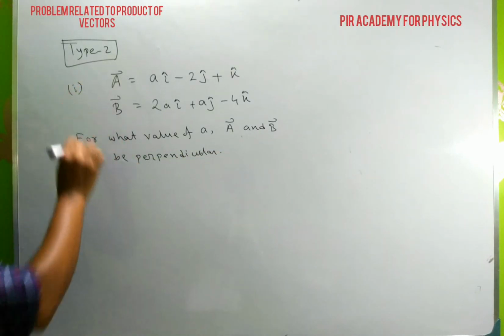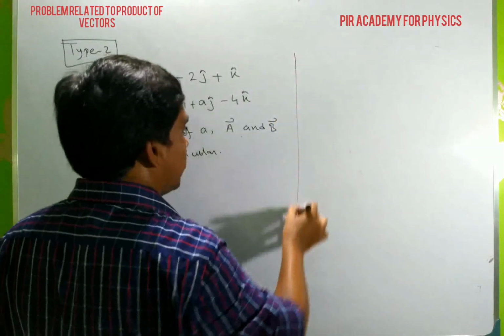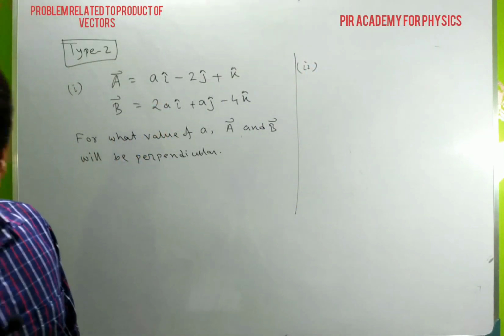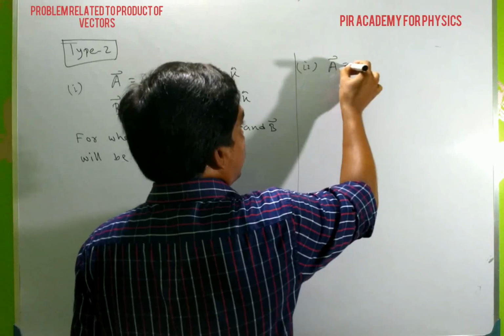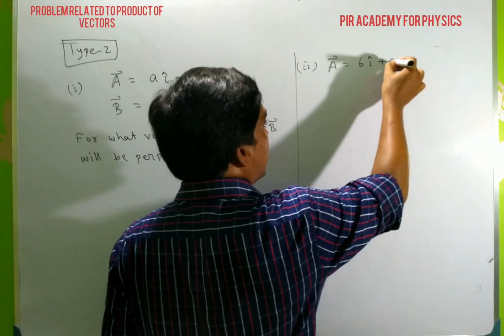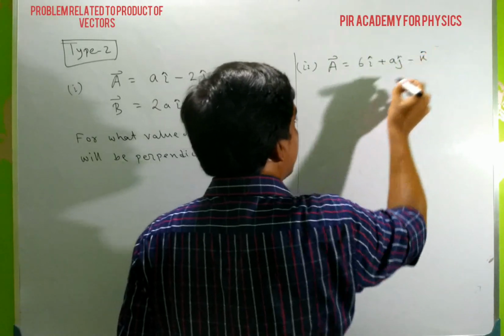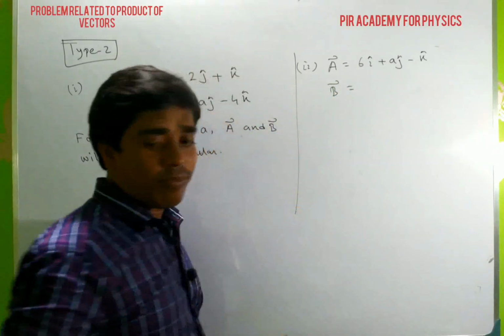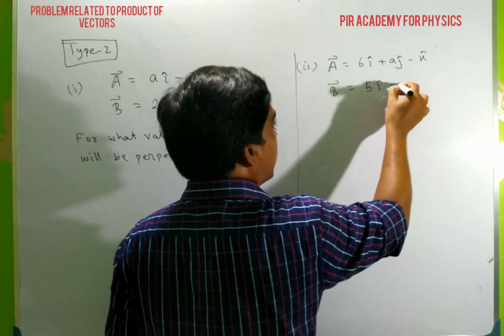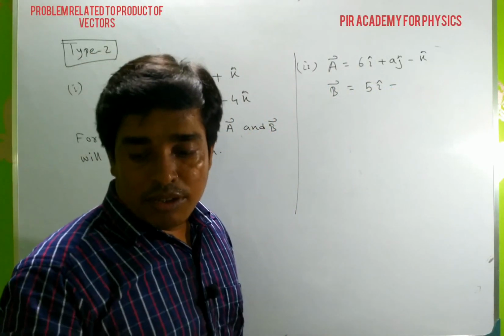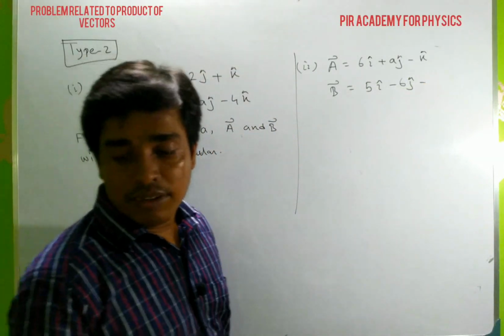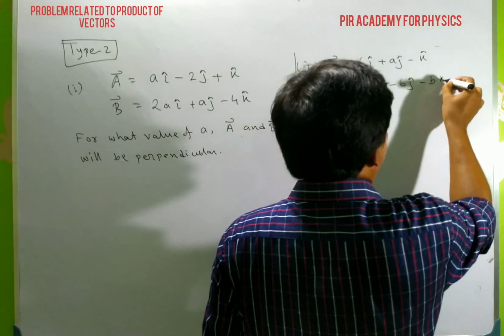This is one type, and another type is: A vector equals 6i cap plus a j cap minus k cap, and B vector is 5i cap minus 6j cap minus b k cap.